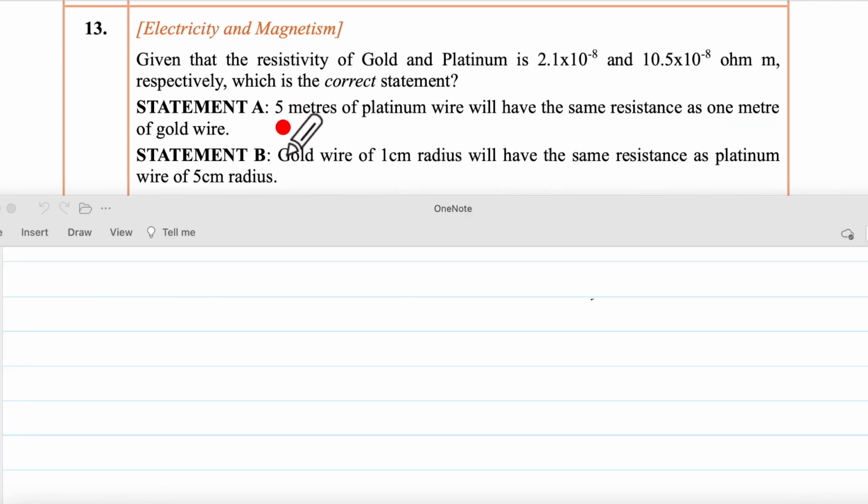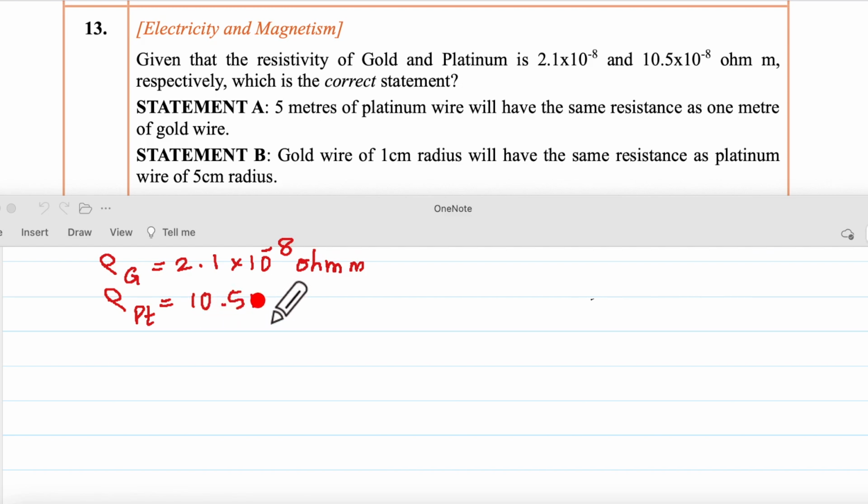So in order to find whether statement A is correct, let us write that rho gold is 2.1 into 10 to the power minus 8 ohm meter, and the resistivity of platinum is 10.5 into 10 to the power minus 8 ohm meter.